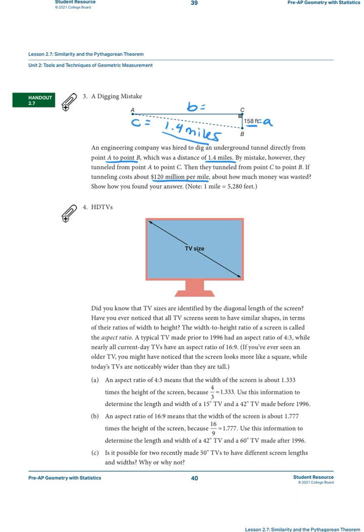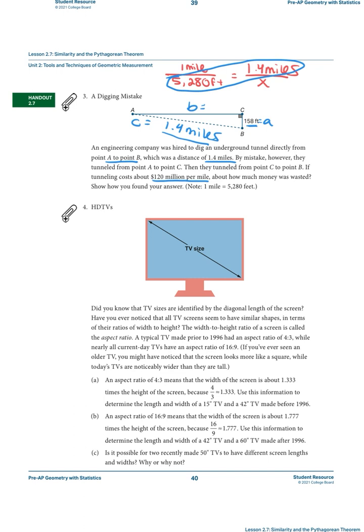So whenever you convert, you have that 1 mile is 5,280 feet. And we're setting up a proportion. So we know that right here, 1.4 miles, right? I want to know how much 1.4 miles is in feet. So I'm going to solve for x. I multiply across and I divide by that number.